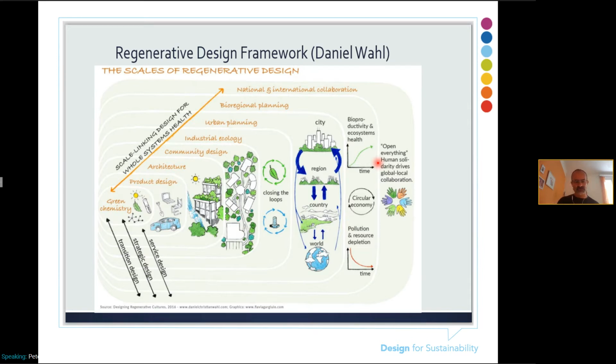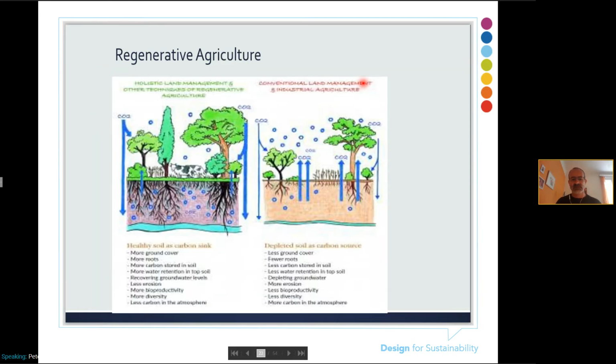That graph, I'm not sure how well it's coming through, is actually from Daniel's book as well, where we need to look at regenerative design from the molecular level of what is sometimes called green chemistry, all the way through products and artifacts, into building design, community design, city design, into bioregional design or bigger. So in all these levels, we have to work. And of course, they're all deeply interlinked as well, which makes it quite a complex undertaking.